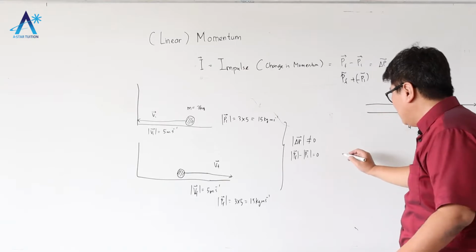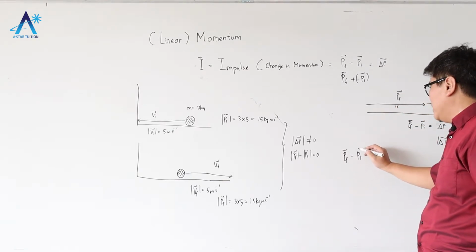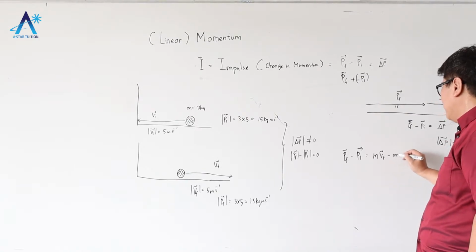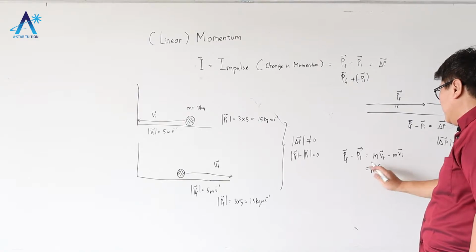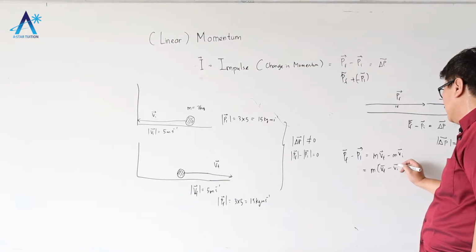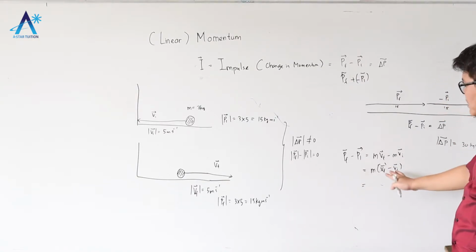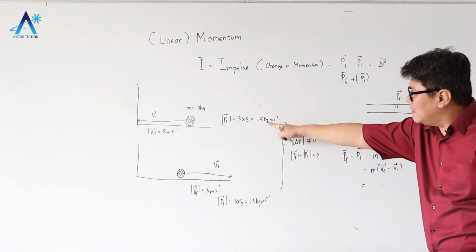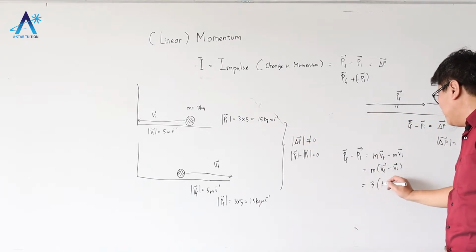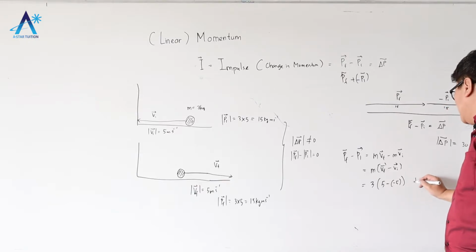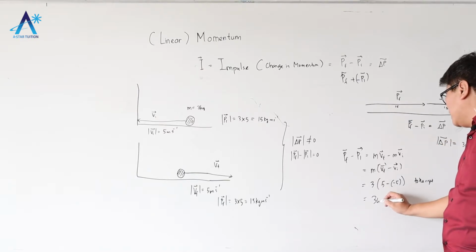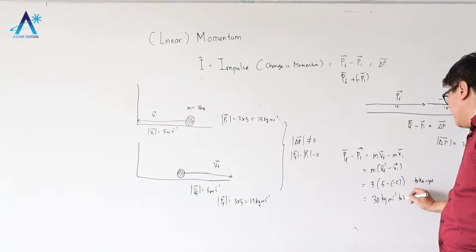So in this case, for PF minus PI, if you want the short way, you can just say m times v final minus m times v initial, so it's equal to m times (v final minus v initial). This is actually a vector, but we can just use the magnitudes. So this is 3 times (5 minus negative 5), to the right. So the answer is going to be just like before, 30 kilogram meter per second to the right.